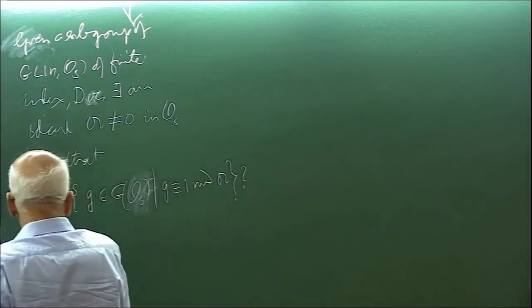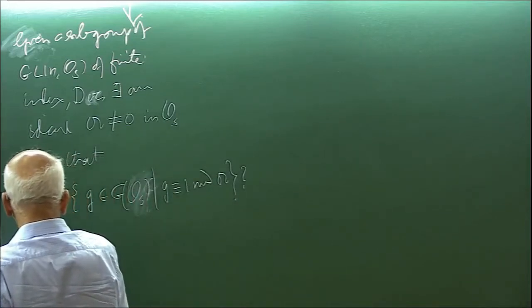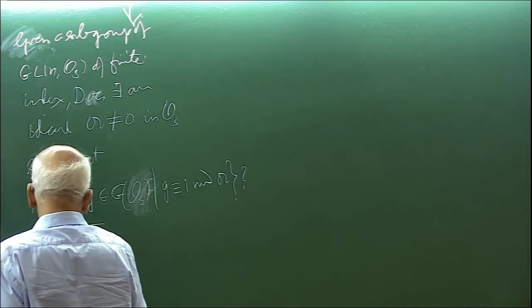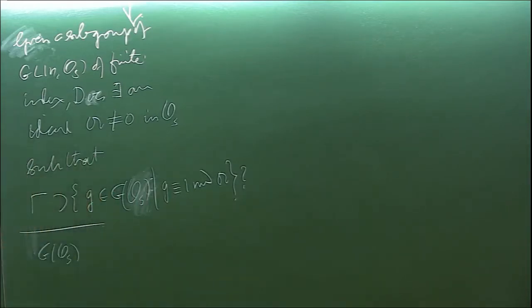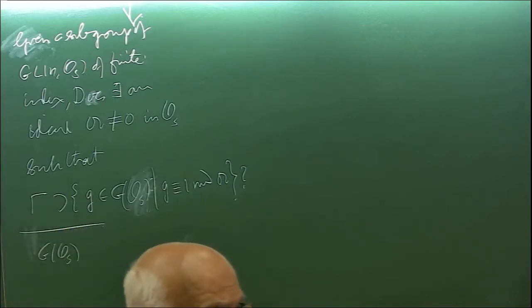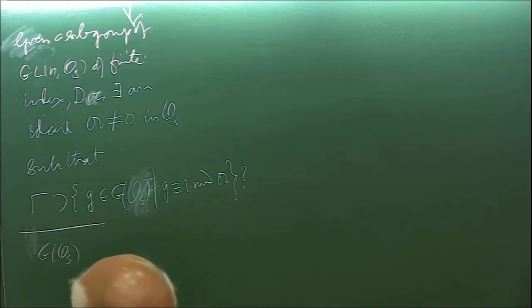So let us look at the group G_OS. You can topologize it in two different ways. One is to declare the set of all subgroups of finite index as a fundamental system of neighborhoods of the identity. That will make it into a topological group, and then you can take its completion, which is nothing but the profinite completion of G_OS.